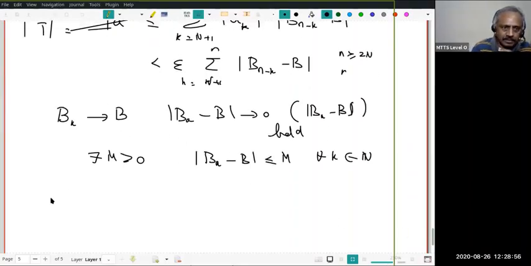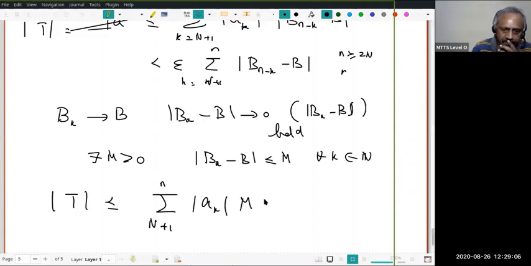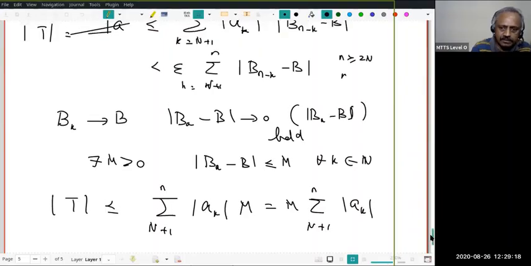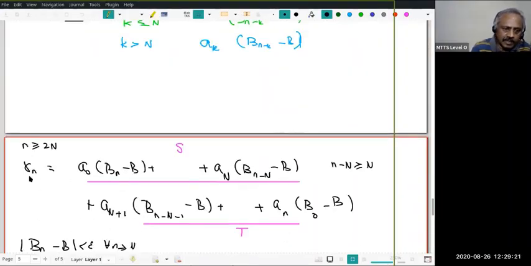Therefore, mod T will be less than or equal to the sum of mod Ak running from n plus 1 to n, times M. Therefore, this is equal to M times the sum of mod ak, n plus 1 to n. You understand? But see, my gamma n is s plus t.